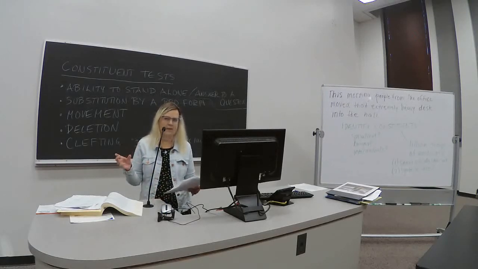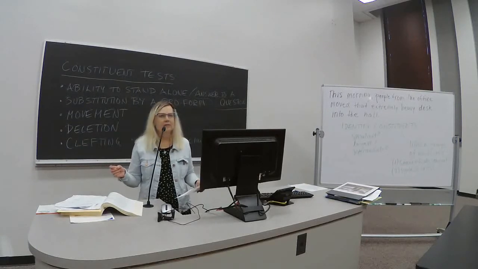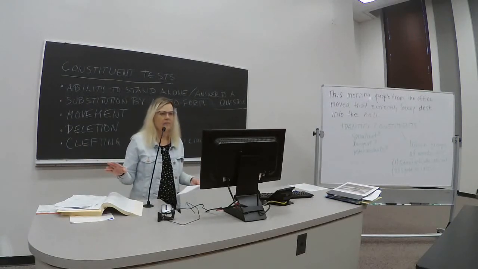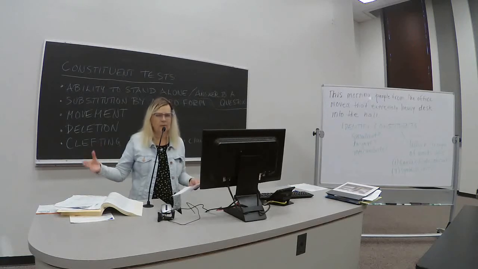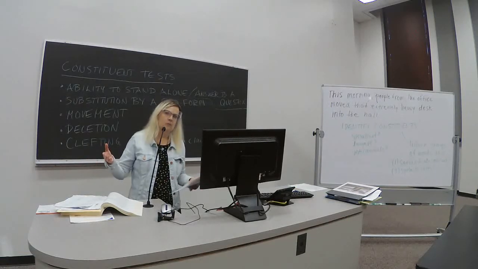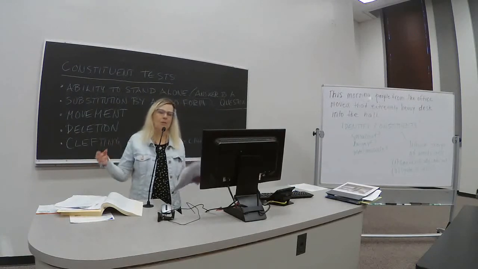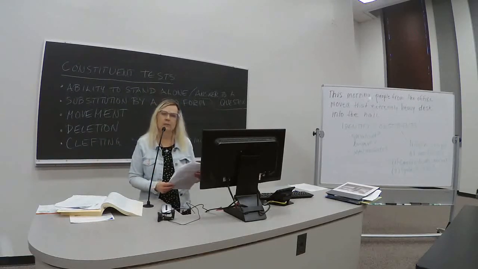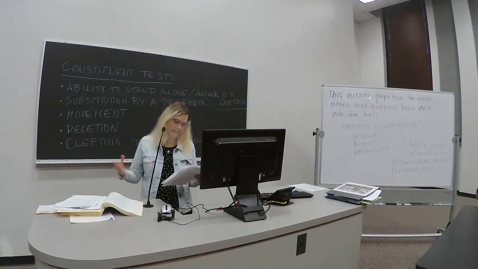So the ly ending is often an indication of an adverb, but not always, because we also have adjectives that end in ly. Like, for instance, he is friendly. It's an adjective now. But he smiles in a friendly way. That would be a whole prepositional phrase that would do the job of the adverb, because we wouldn't say friendlyly, we would say he smiles in a friendly way.